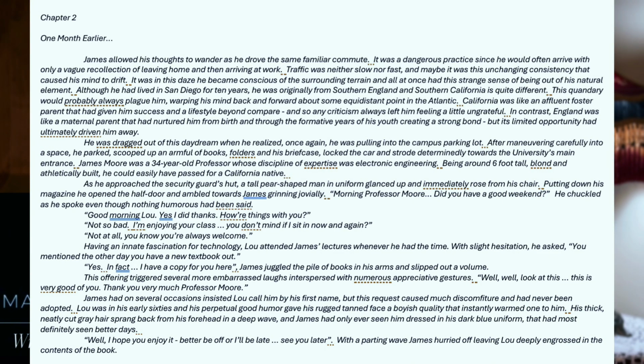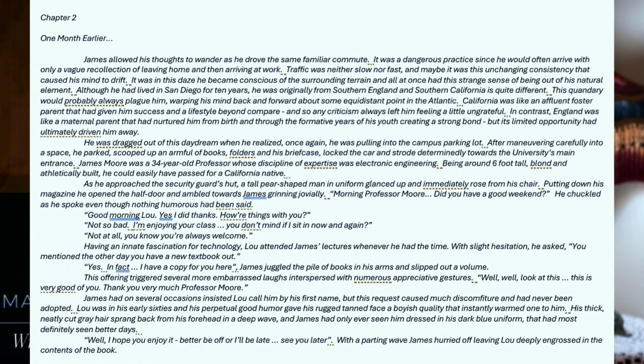Traffic was neither slow nor fast, and maybe it was this unchanging consistency that caused his mind to drift. It was in these days he became conscious of the surrounding terrain and all at once had this strange sense of being out of his natural element.